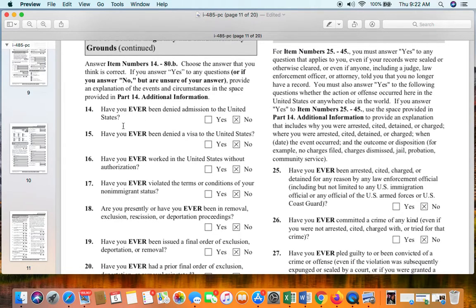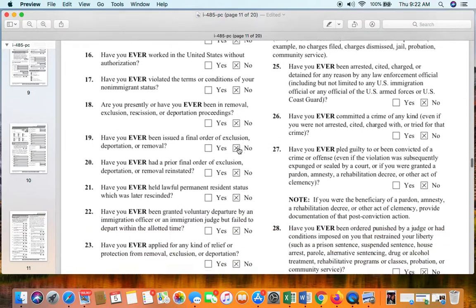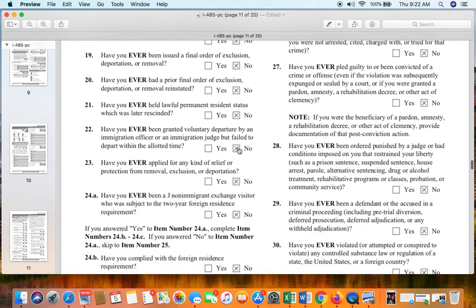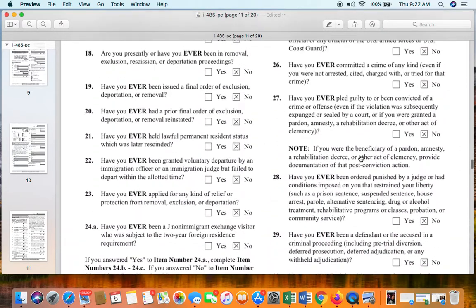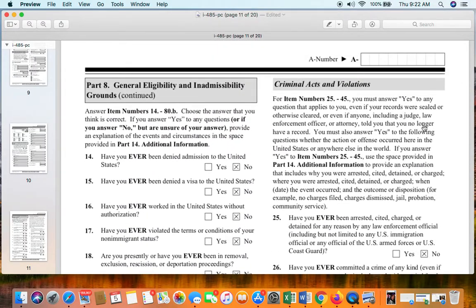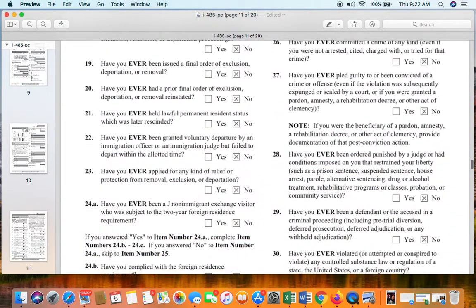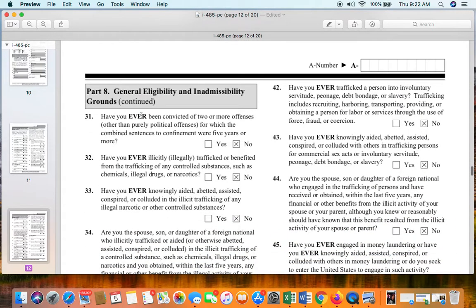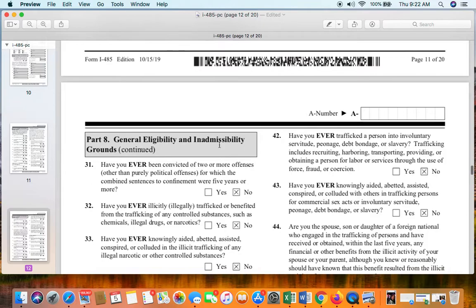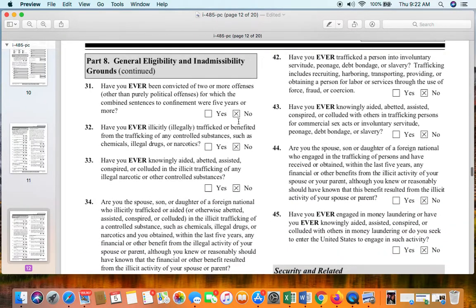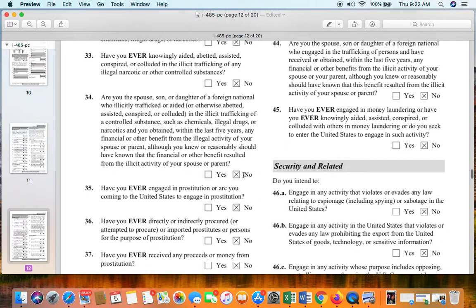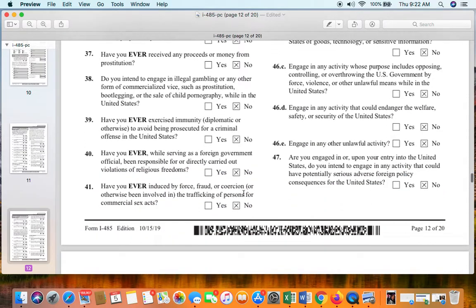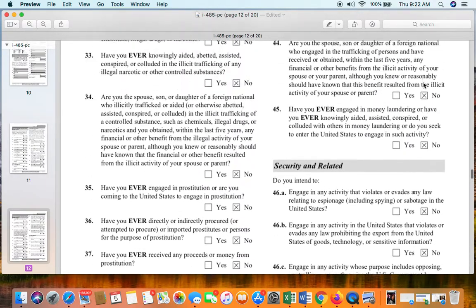Since this is not applicable for our derivative or K2, just put no. Always understand the question. No, no, no. Let's jump to Part 8 again, continuously. No, no, no, no. Put no on everything, but remember, always read.